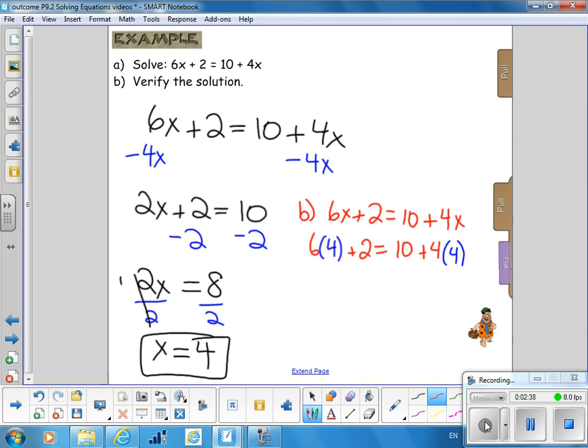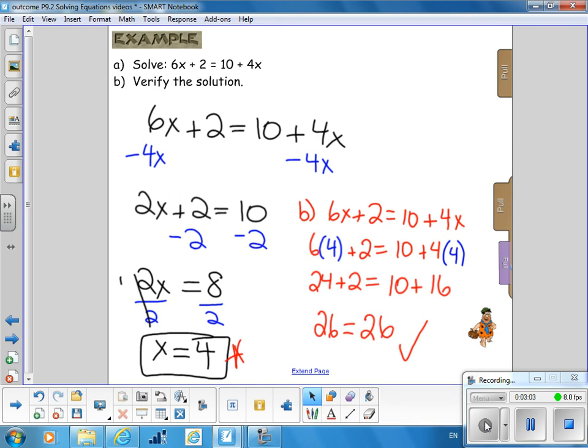And we're using 4 because that is the answer we found. So now we simplify. 6 times 4 is 24. So we have 24 plus 2 equals 10 plus 4 times 4 is 16. 24 plus 2 is 26. 10 plus 16 is 26. The left-hand side equals the right-hand side, so we have verified that the answer we found of 4 is correct.